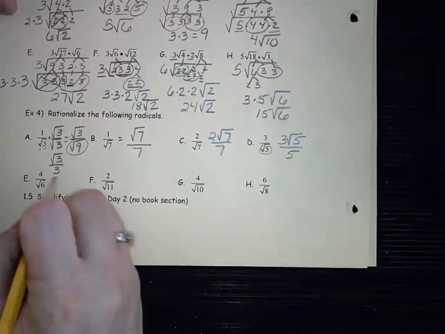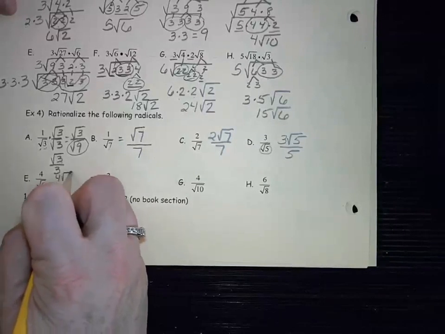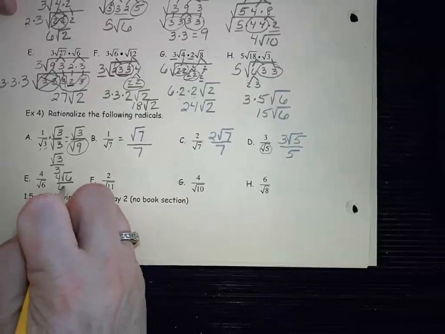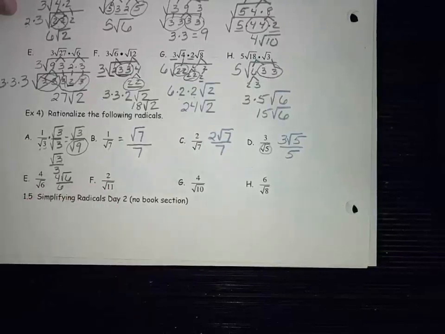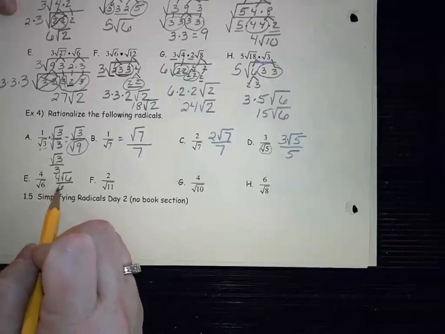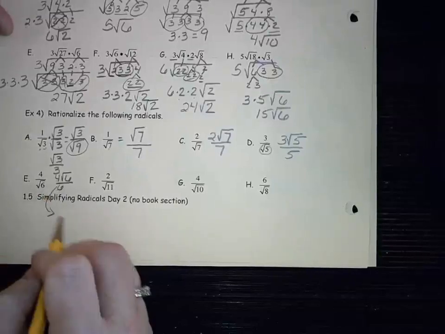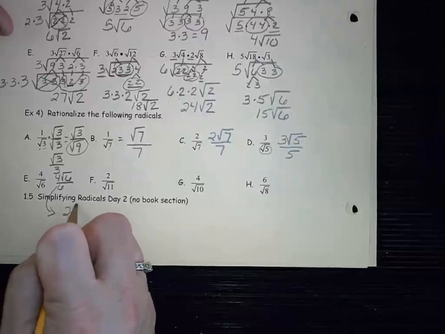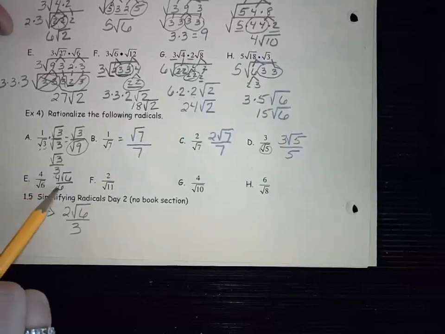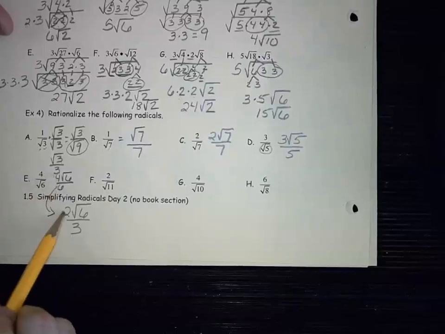Letter E, the square root of 6 moves to the top of the fraction, and then it comes outside the square root sign. Now one more thing here, 4 over 6 can be reduced, so that would be 2 square root of 6 over 3, and the 4 over 6 reduced to 2/3.